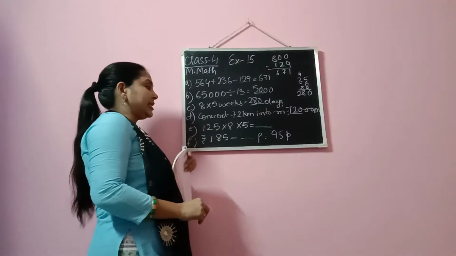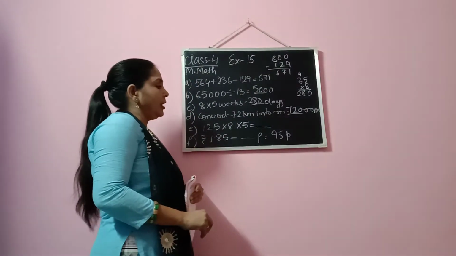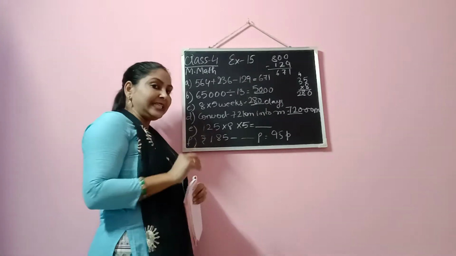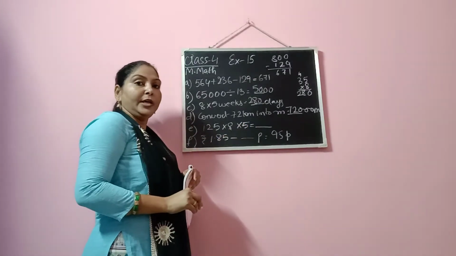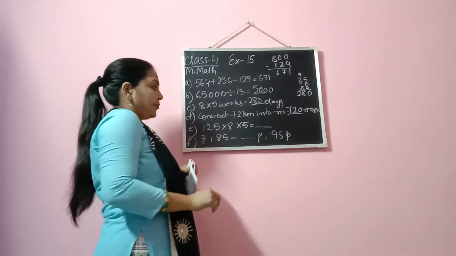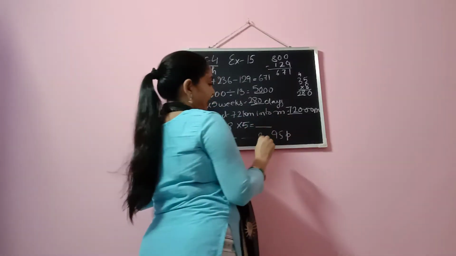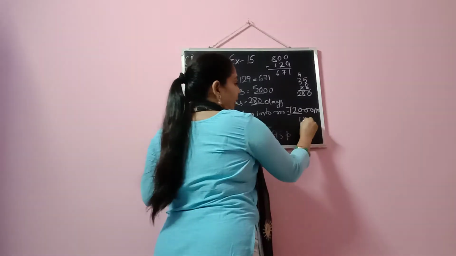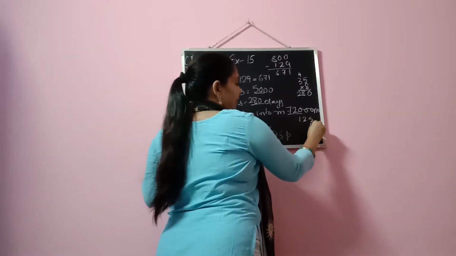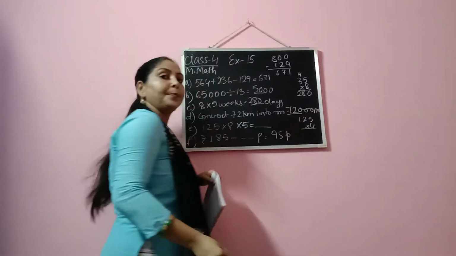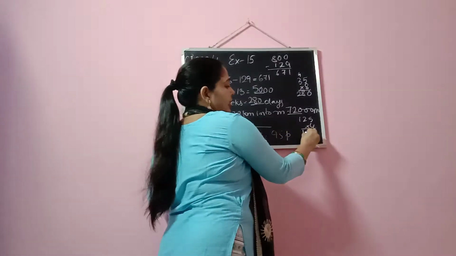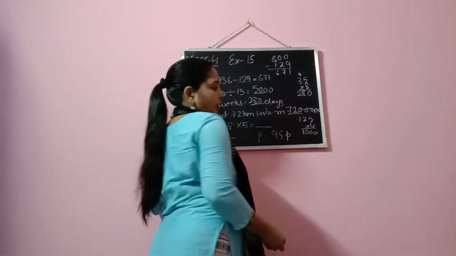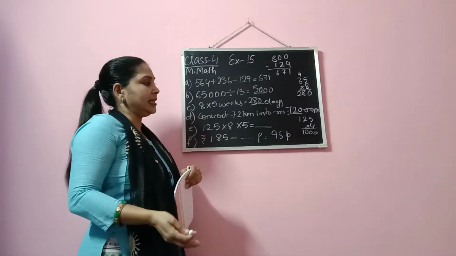Okay. Next question, 125 into 8 into 5. Now the easy way is what? First you multiply these two. 8 into 5 is 40. When you multiply 8 into 5, that comes 40. And 125 into 4 you can do easily. Okay, you can do it by yourself also.